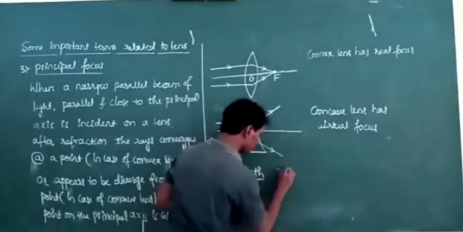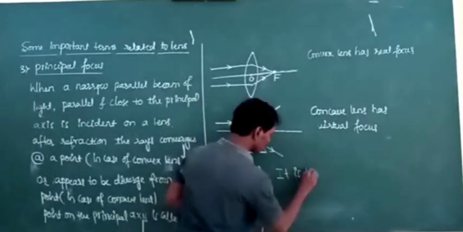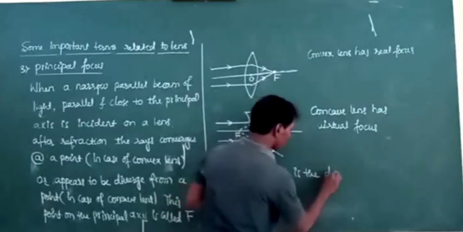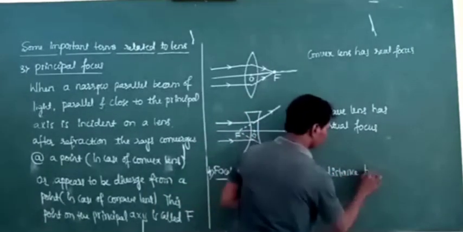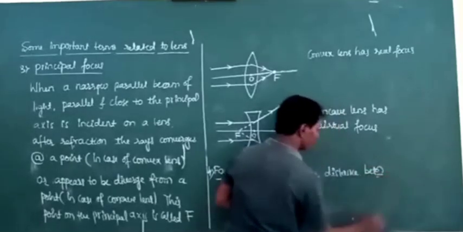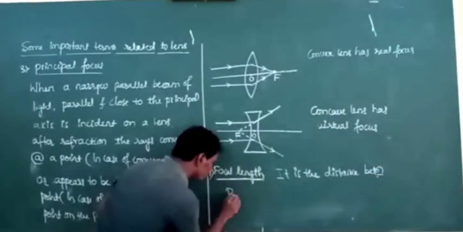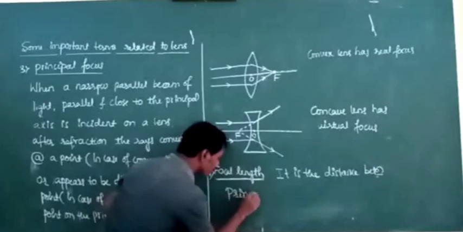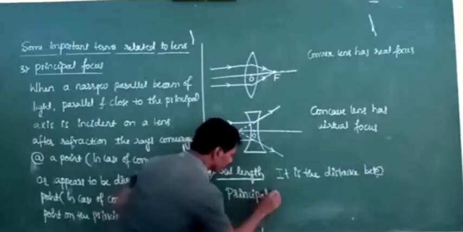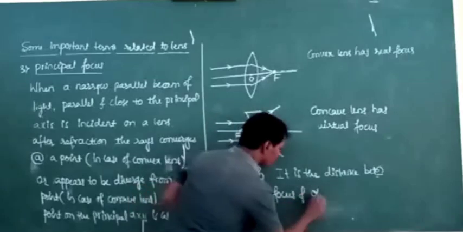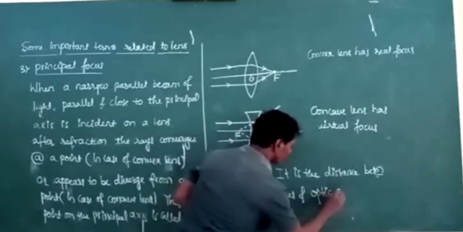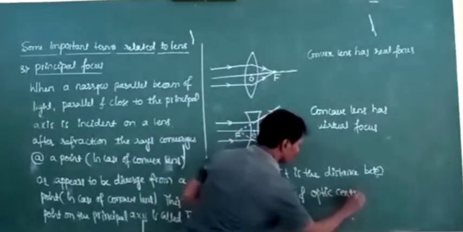It is the distance between principal focus and optic center of the lens.